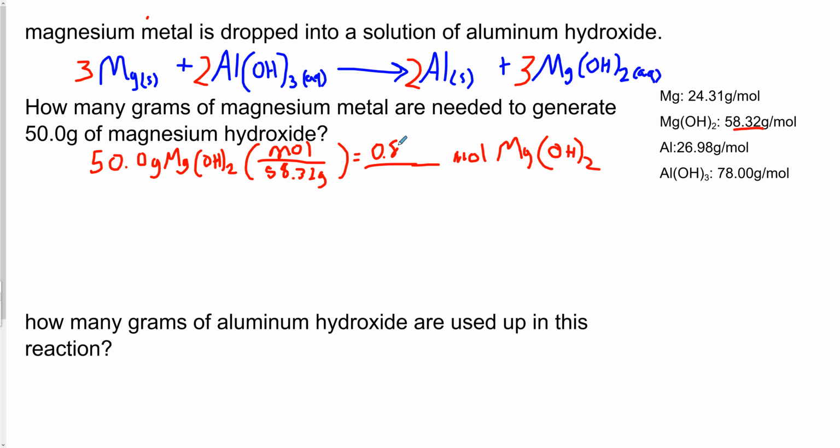So now we have moles of magnesium hydroxide. We need to use the mole ratio between magnesium hydroxide, which was our given, and magnesium metal, which is our required or wanted. So I'm going to say 0.857, and that's moles of Mg(OH)2.